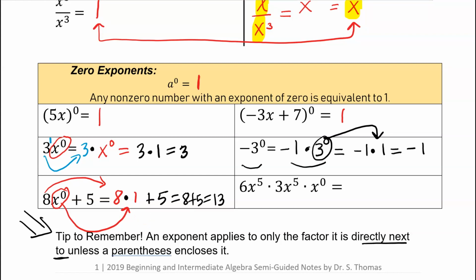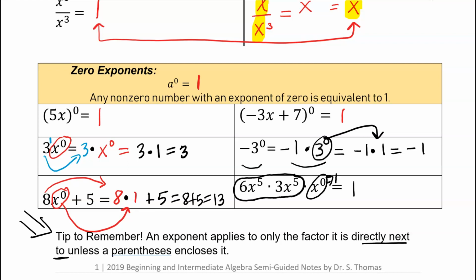Now let's go to the next problem. We have 6x to the 5th times 3x to the 5th times x to the 0. Well, we know that x to the 0 equals 1, so we don't really have to worry about that too much, right? Because anything times 1 is itself. But there is a rule for this. When you're multiplying, we can multiply 6 times 3.